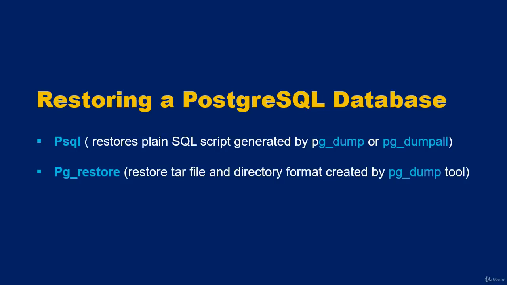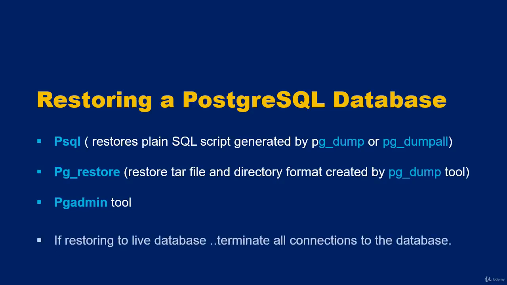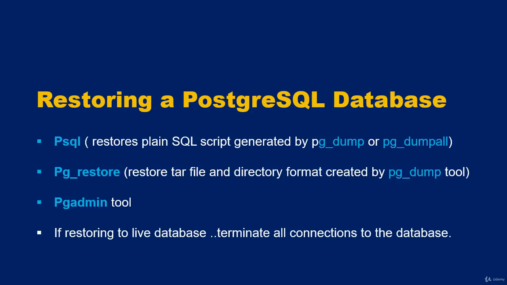You can also use pg_restore to restore tar file and directory format created by the pg_dump tool. You can also use the pgAdmin tool to restore a database from backup.